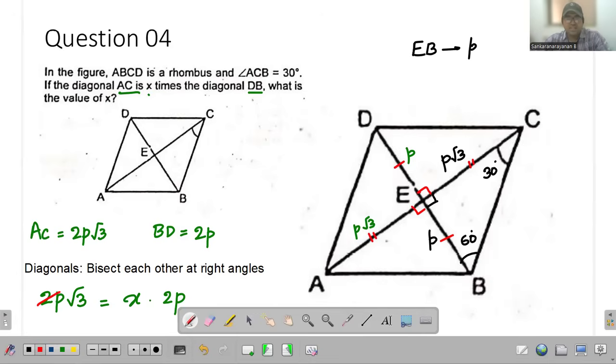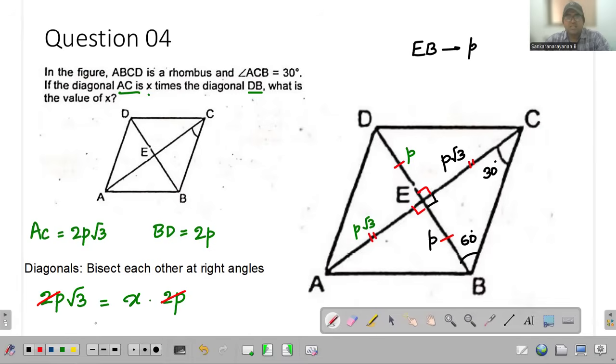So I can cancel this 2P here and that gets me x equal to root 3. In the question you are asked to find the value of x, and thus I have identified the final answer. It is equal to root 3 in this case. I hope this explanation is clear to you all, right?